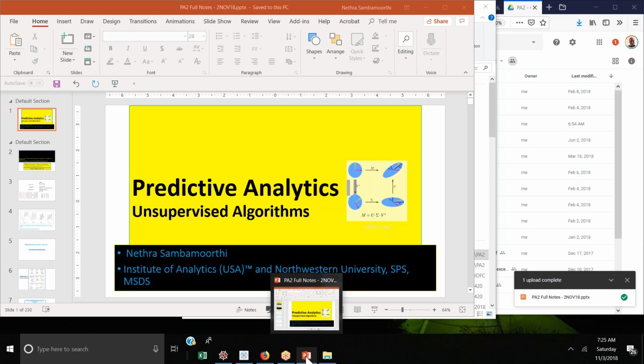The traditional data always comes to us in a rectangular form: rows are observations, columns are variables. So if you reduce the dimensions of the rows, it is called cluster analysis. If you reduce the dimensions of the columns, it is the traditional dimensional reduction problem, like principal component analysis, factor analysis, and correspondence analysis.